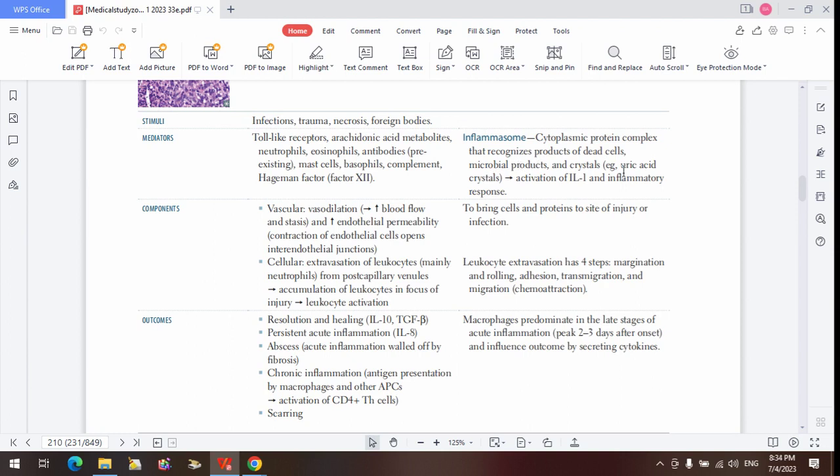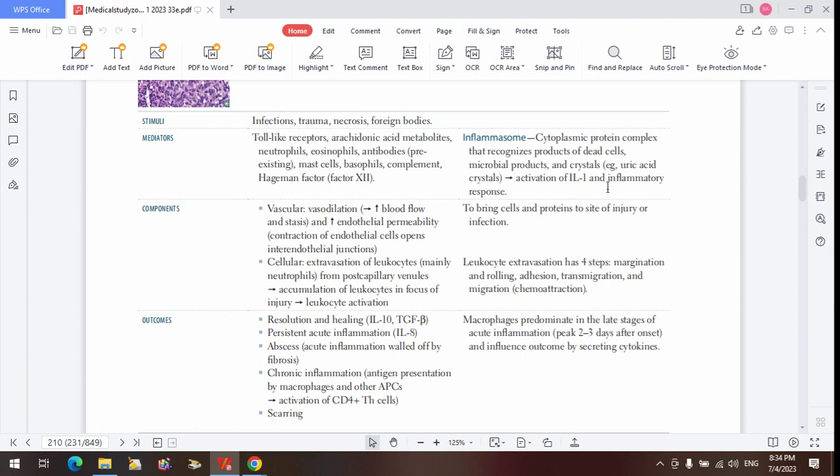Those are the DAMPs, damage associated molecular patterns, as well as microbial products, the pathogen associated molecular patterns. DAMPs can also be formed from crystals, because crystals can deposit in tissue, cause irritation and damage, and release DAMPs that will be recognized by the inflammasome. So the inflammasome will now form a complex with all those dead cell and microbial products and activate interleukin 1 so that they can perpetuate the inflammatory response from there.